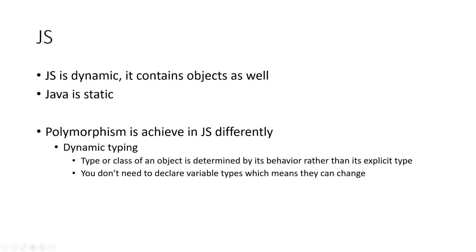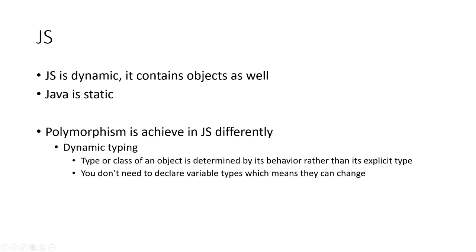Now in JavaScript, it's slightly different. Even though there is object-oriented programming in JavaScript, it's different in the fact that JS is a very dynamically typed language, whereas Java is static. What do I mean by that? In JS, types can change, and you don't have to declare types, whereas in Java, you do.